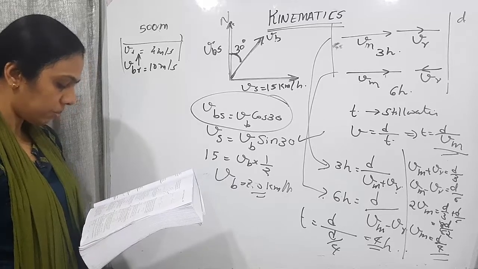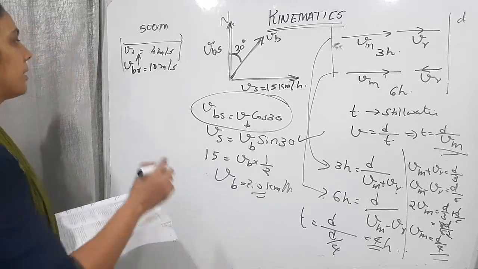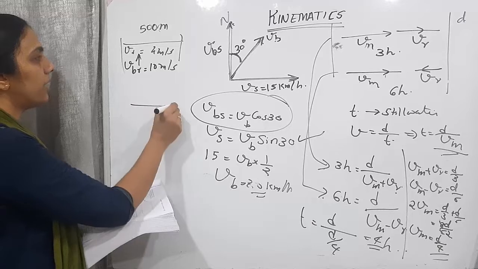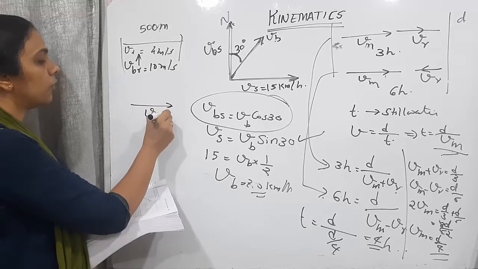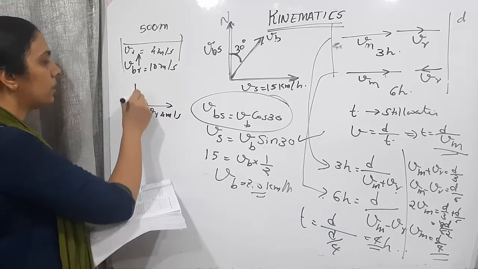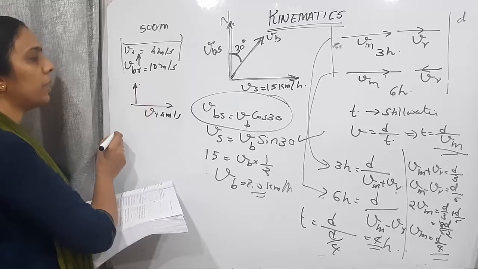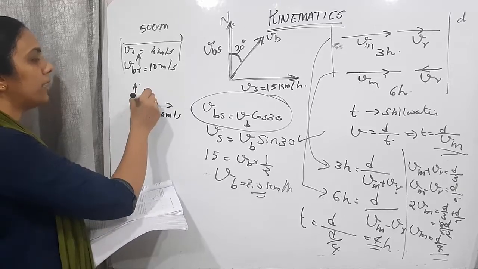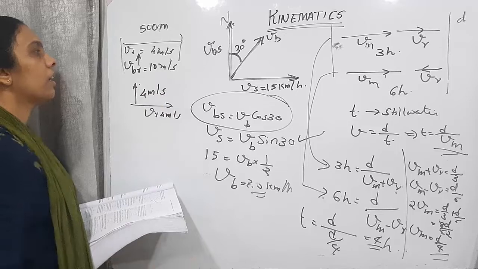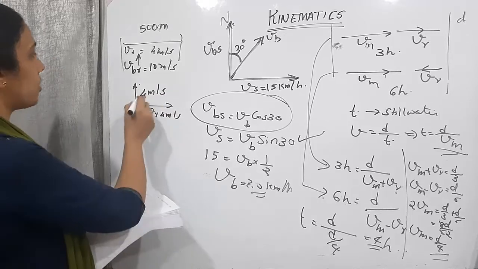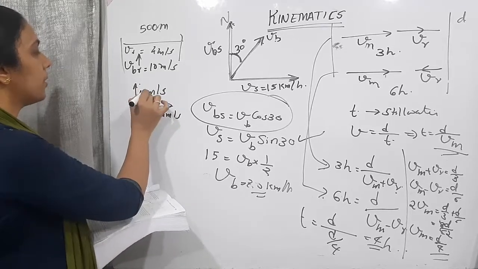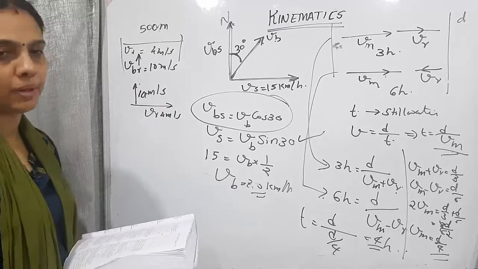We need the time taken by the boat to reach the opposite bank. So here the river velocity is like this, 4 meter per second. The boat is moving in this direction, perpendicular. 10 meter per second is the velocity of the boat with respect to the river.